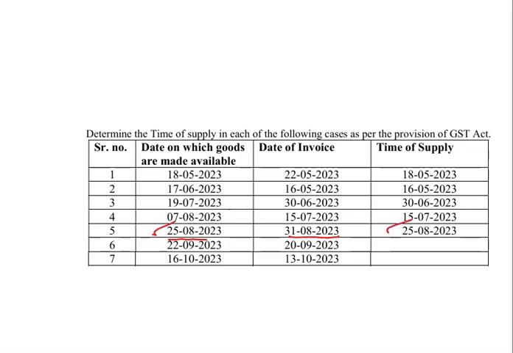The next transaction: the date on which goods are made available, that is the last date on which the invoice must have been issued, is 22nd September 2023, and the date of invoice is 20th September 2023.